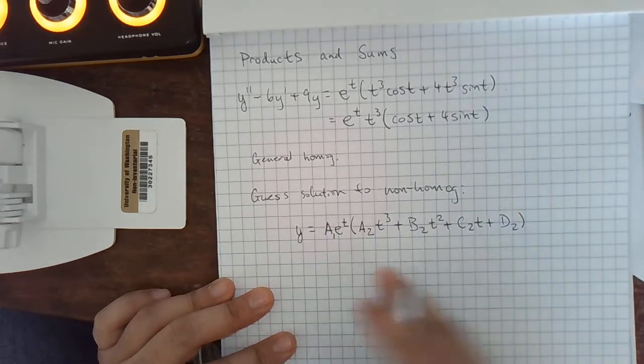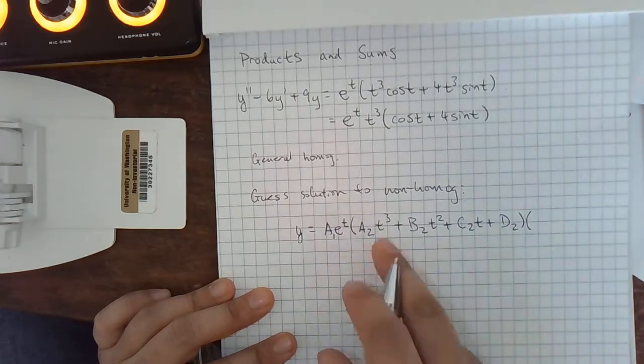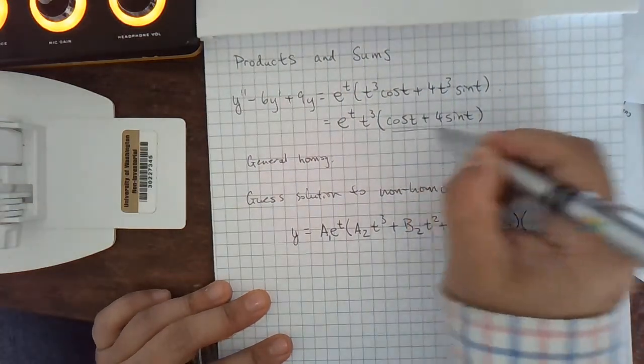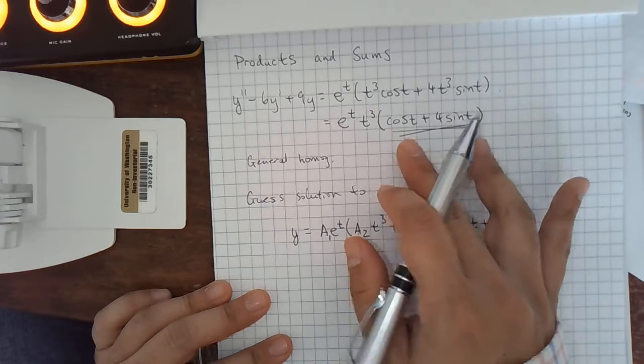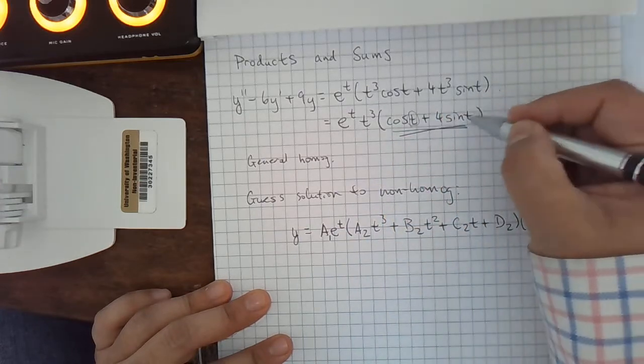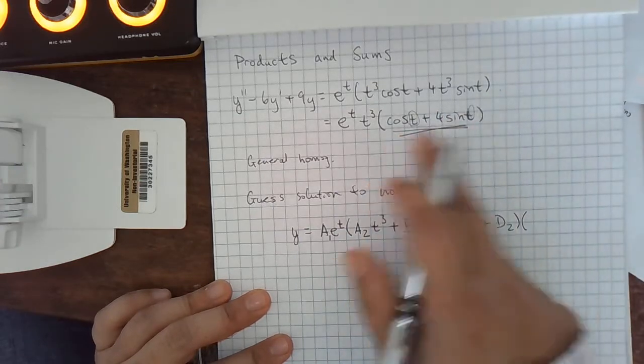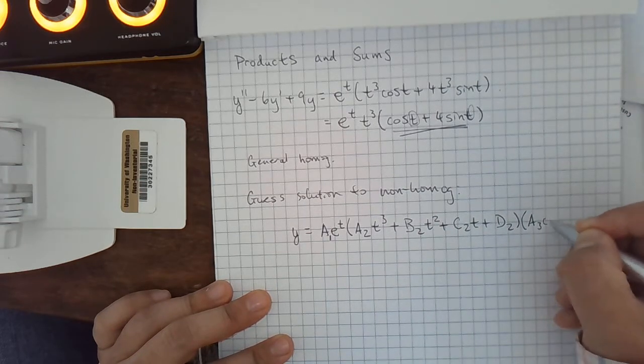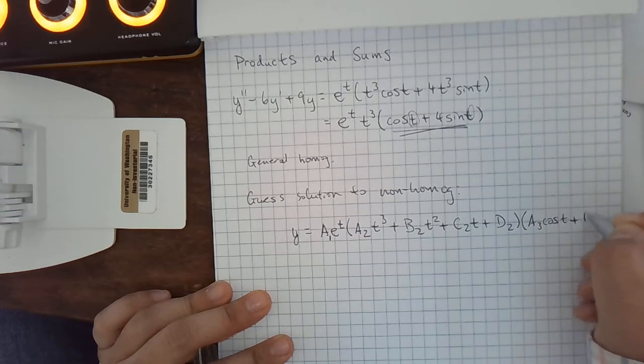I'm going to be replacing all these letters later, so I'm just putting subscripts now. And then this can actually be combined. Any linear combination of cosine and sine, as long as the inside angles are the same, we can say it's some linear combination of cosine and sine. So a3 cosine t plus b3 sine t.